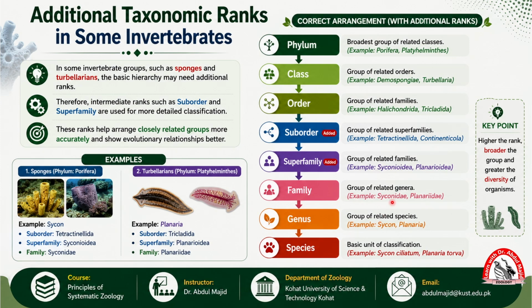Let's understand these added ranks. A suborder is a category placed below order and helps divide large orders into smaller related groups. A superfamily is placed above family and groups several closely related families together.